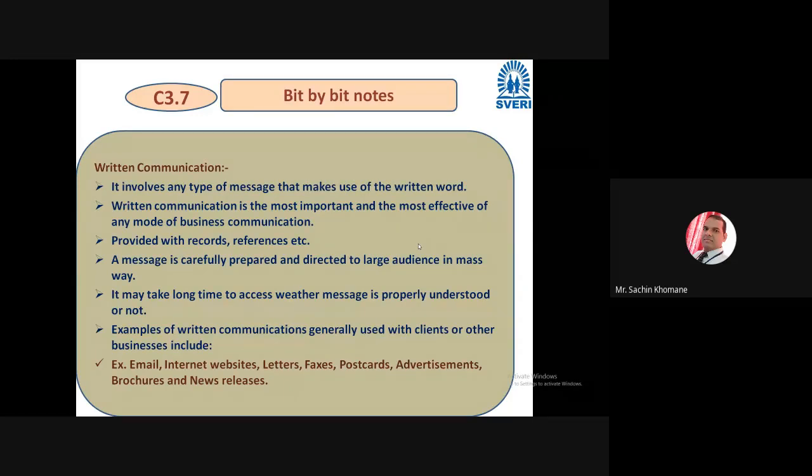So we have seen it, and why is it important? Specifically in industrial management, this type of communication is important because it becomes legal proof, right? Generally, contracts happen between your client and you, or your supplier and you, or your dealer and you, right?